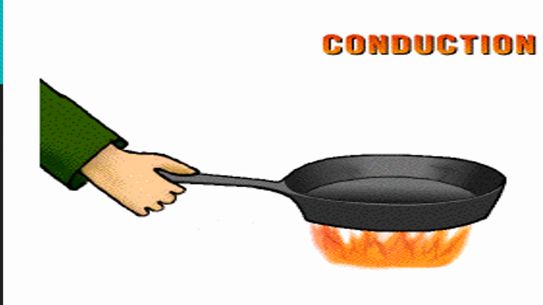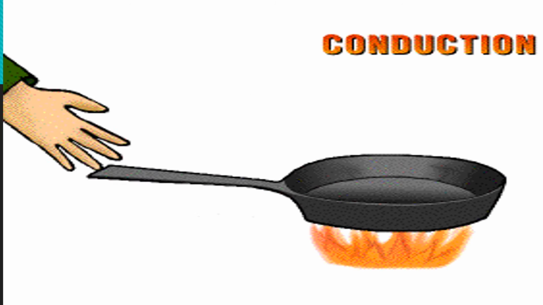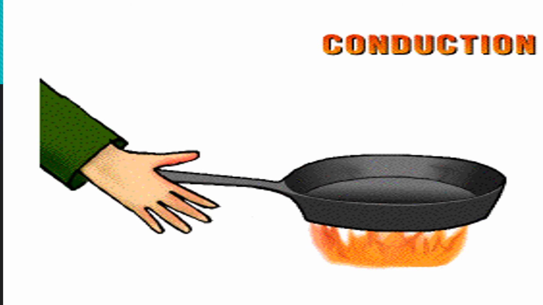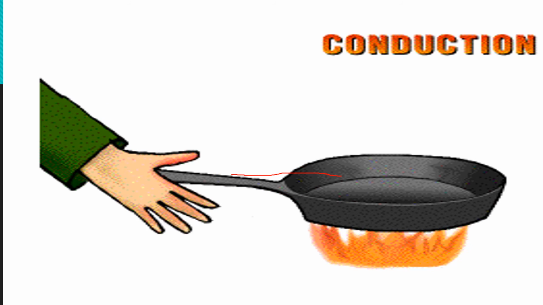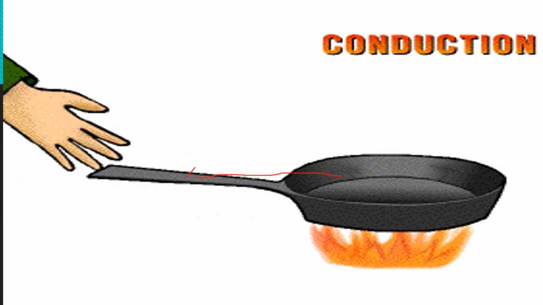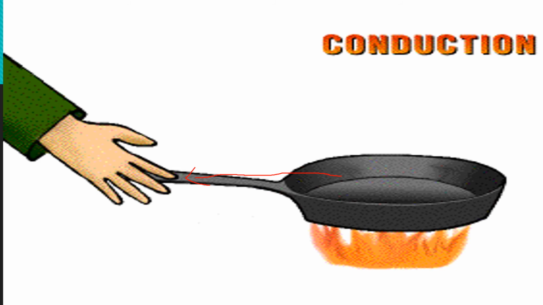Say for another example, we are actually heating a frying pan. A man is trying to hold that particular handle but he is not able to do it. Why? Because the heat from this particular portion is getting transferred to this handle, isn't it? That's why the man is not able to hold the handle, because now it has got a burning effect.